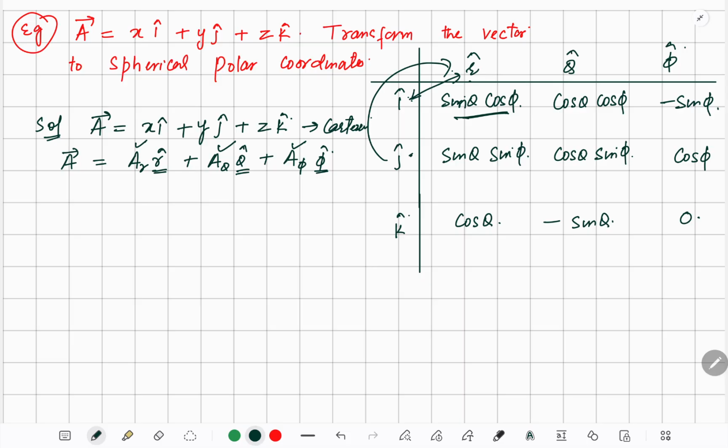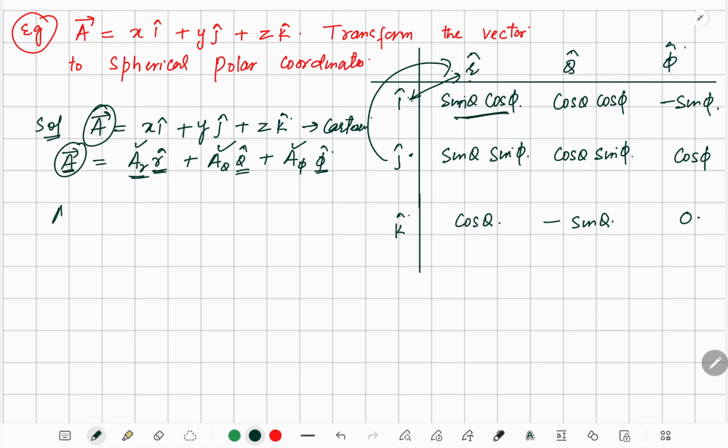It's very simple. Now you see this A vector and this A vector are the same, because we're writing the same vector in two coordinate systems. So if we have to find a_r, we can take the dot product of the A vector with r cap.